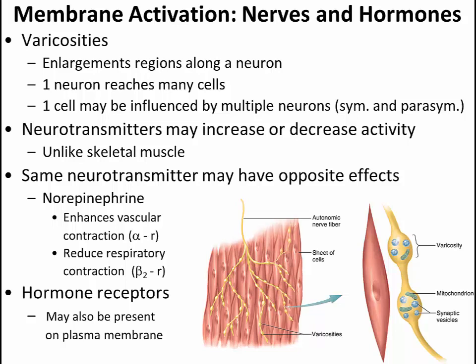In the case of smooth muscle, what we see is that smooth muscle is only innervated by, as you know, autonomic nerve fibers, and those autonomic nerve fibers release neurotransmitter in these little structures referred to as varicosities. Varicosities are enlargements along a neuron. If we look down at the bottom of our slide and follow this neuron, we see that we have an enlargement here. It's a varicosity, a varicosity, a varicosity.